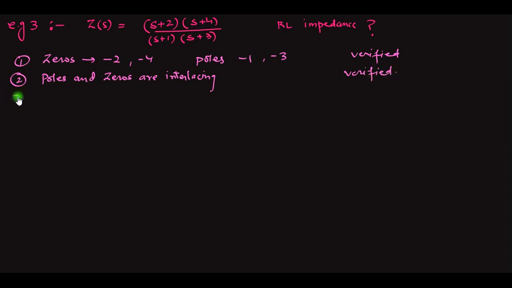Now we will check condition number 3. Condition 3 says that Z of S must have a zero nearer to the origin. But from the calculation of these poles and zeros, I can see that -1 is nearer to the origin. Hence Z of S has a pole nearer to the origin.